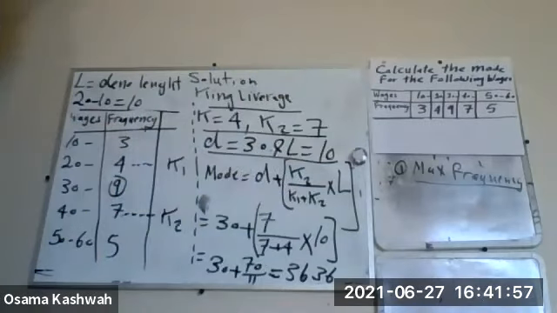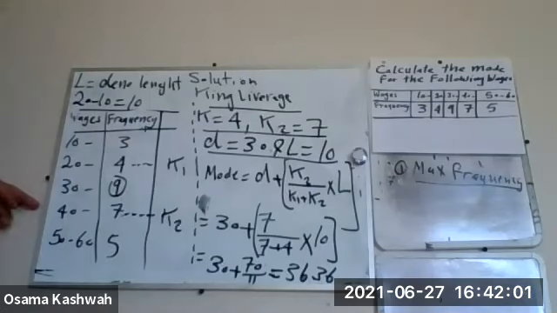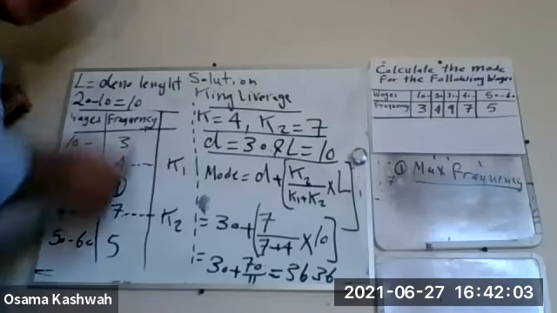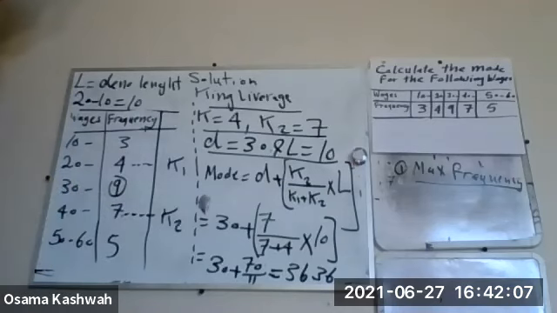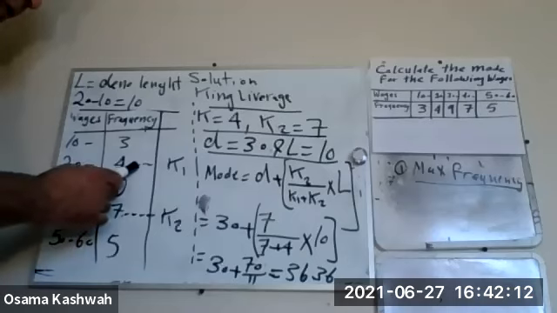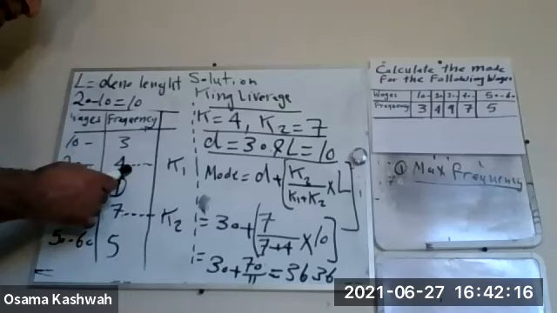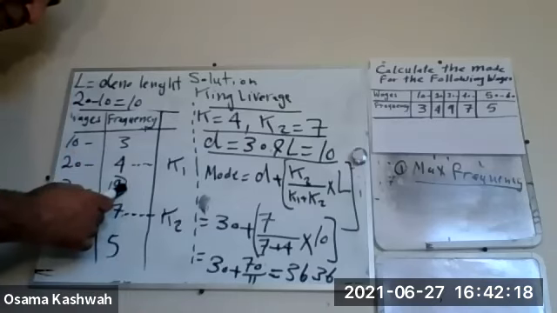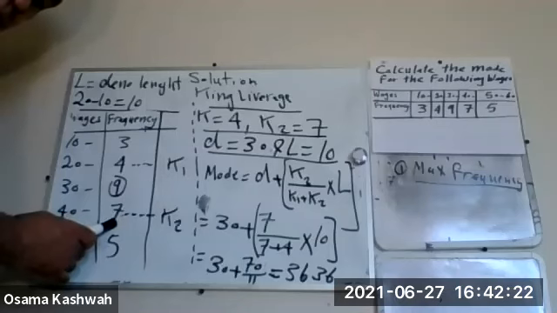Then I look for the maximum frequency, which is 9. The frequency before 9 we call K1, and the frequency below the highest frequency we call K2.